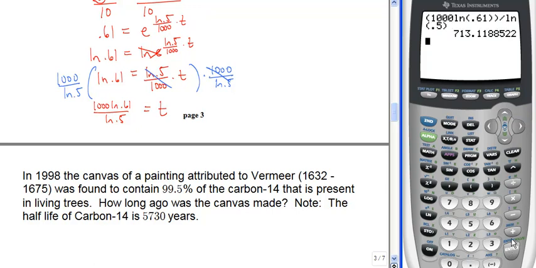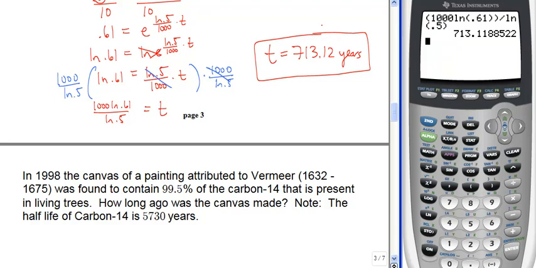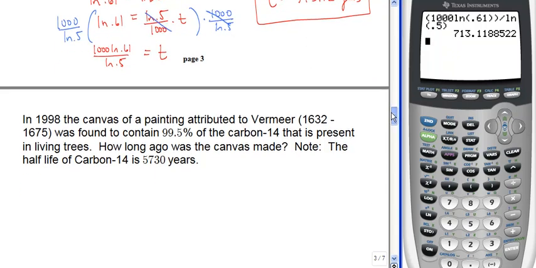And we get 713.12. This is a time. And remember that our units from earlier for the times and the half-lives were years. So it's going to take a little over 713 years for this radioactive element to decay to 6.1 grams.